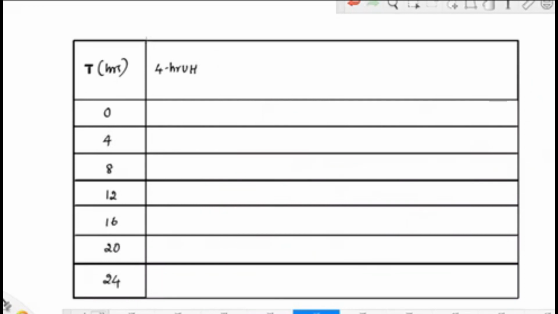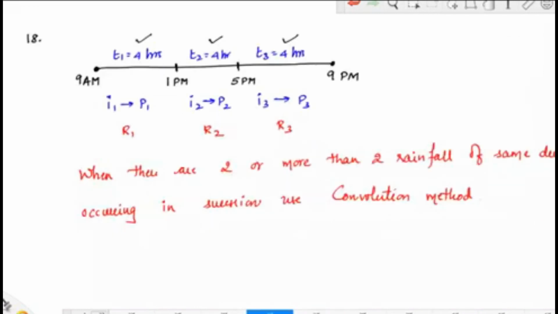So these are the ordinates at 4-hour intervals. I'm having some values A, B, C, D, E, F, G like that. So totally how many rainfalls are there? 3 rainfalls are there, occurring in succession.